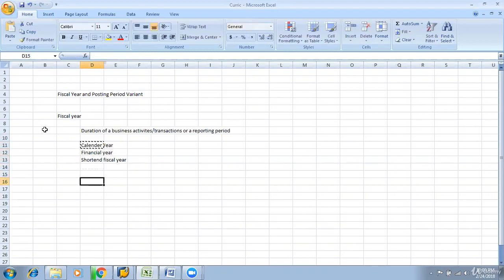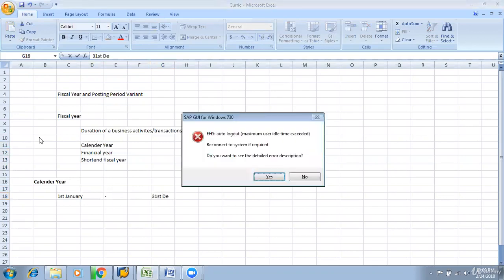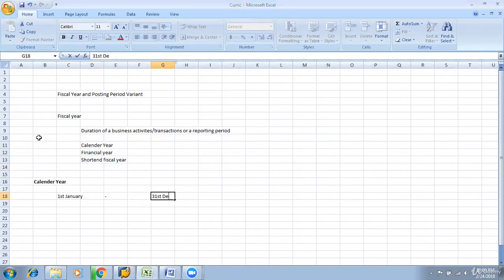Coming to the first one, calendar year. Calendar year, as its name suggests, starts on 1st January and ends on 31st December, having 12 months and 365 days.